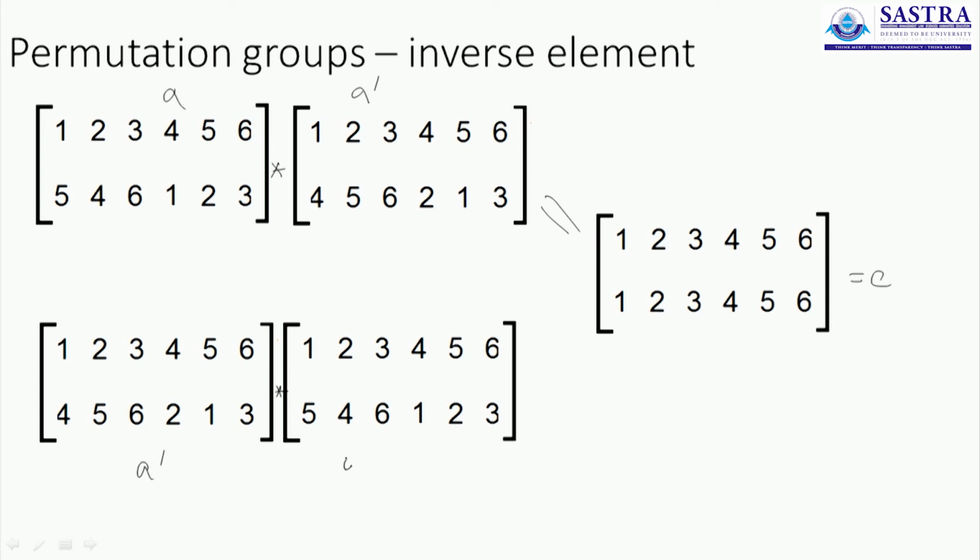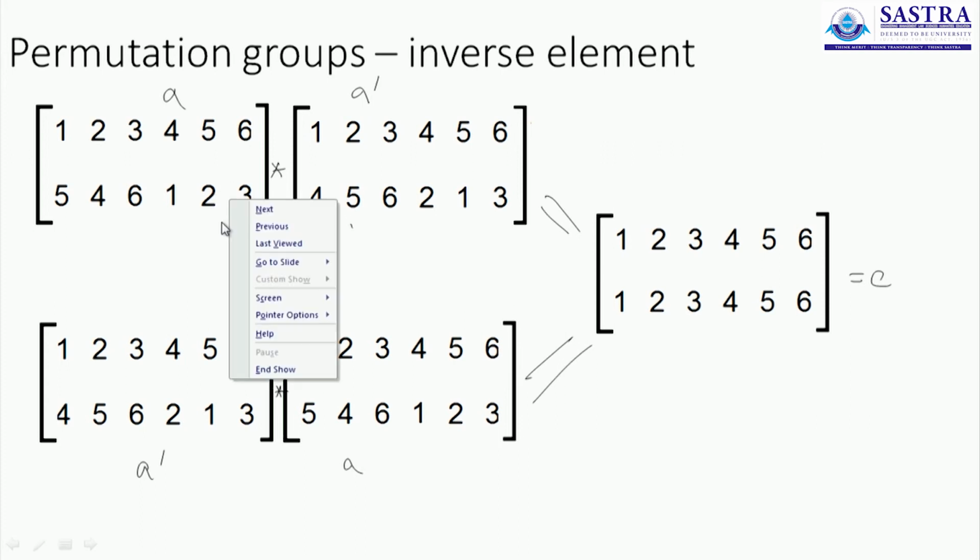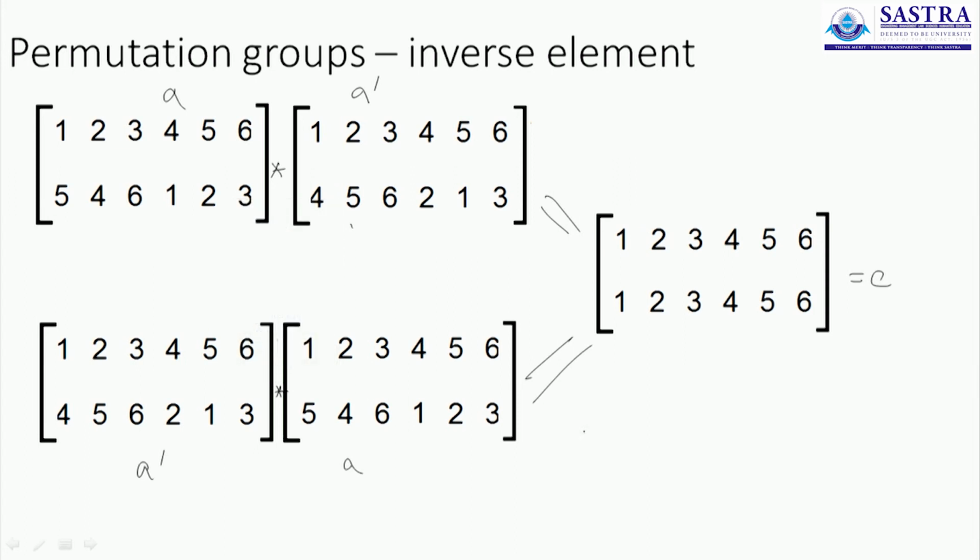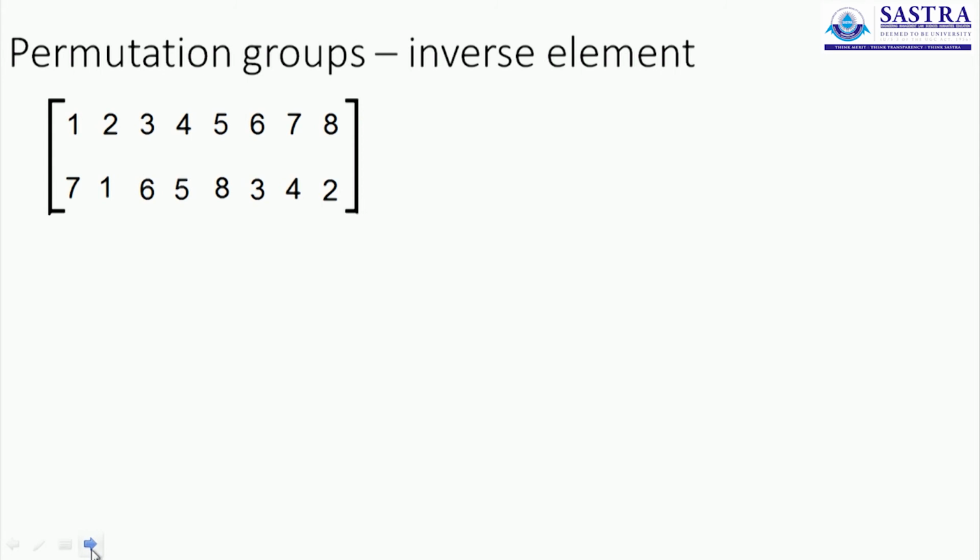If this is A dash and this is A, A dash star A is still E. So you don't have to just blindly believe me. You can see for yourself that this is the inverse of this, and this is the proof for that. So the small trick that I suggested actually seems to work, but it doesn't work only for this problem. It also works for every other problem. And I have given you an example.